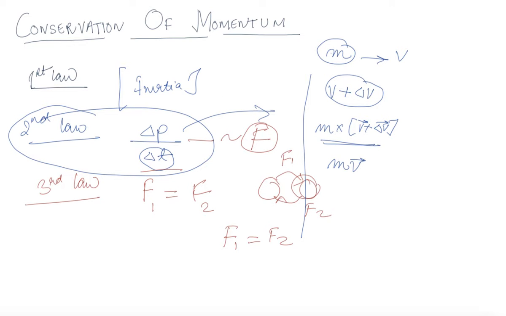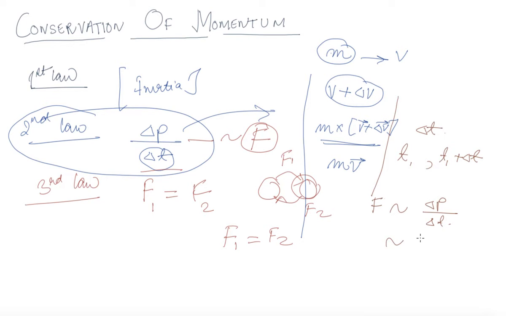So this value changes. Now the time interval at which this changes is del t, or you can say that t was the initial time and t plus del t was your final time. Now if you look over here, what you see is that rate of change, that is force, is directly proportional to rate of change of p with respect to time.